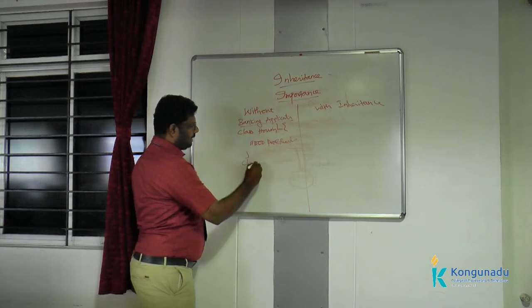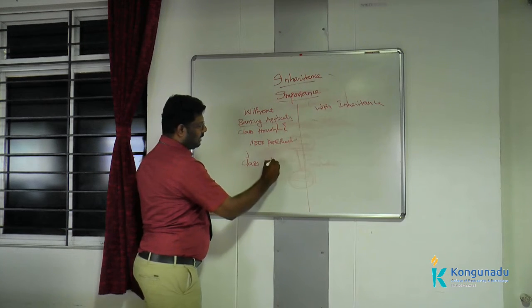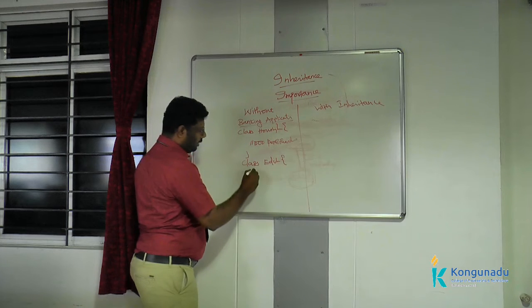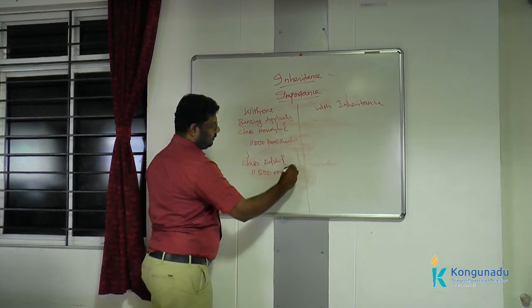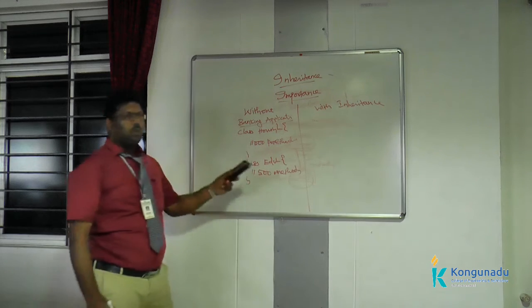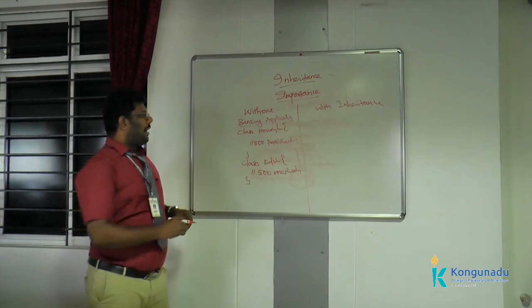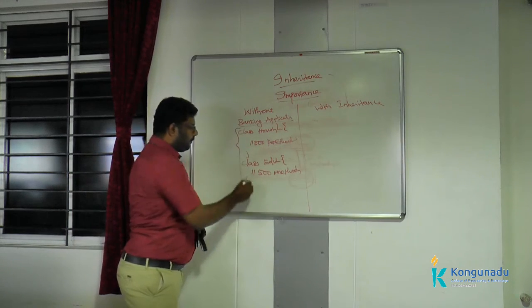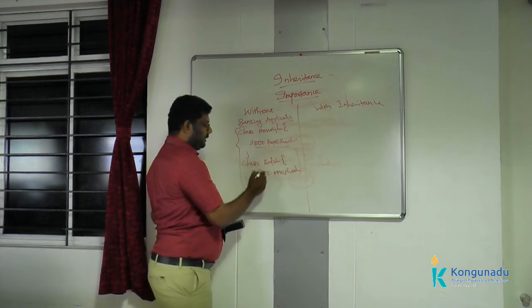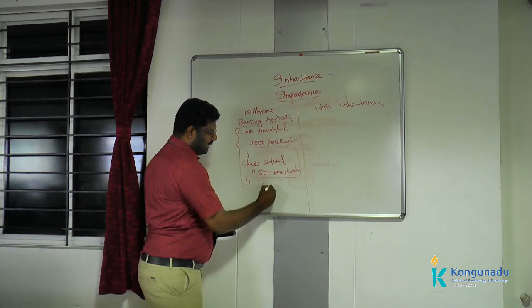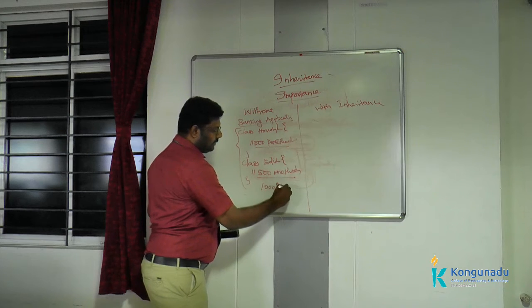The next class is educational loan. Here also it has 500 methods. So these two classes have 500 methods and 500 methods, totally 1000 methods.